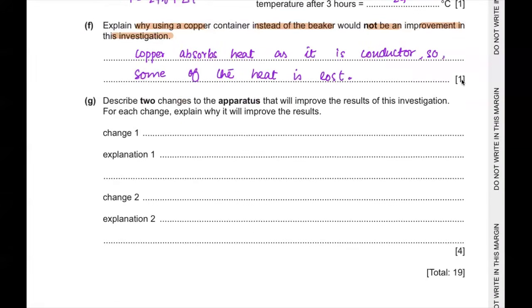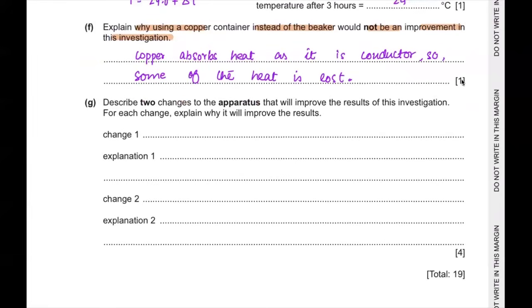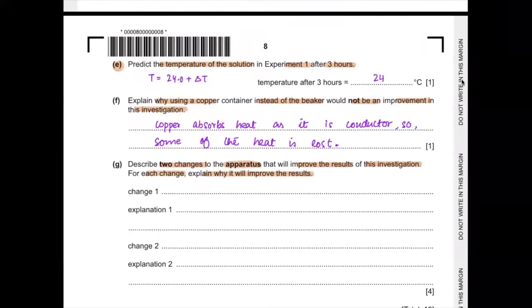Okay. Now, describe two changes to the apparatus that will improve the results of this investigation. For each change, explain why it will improve the results. Yes, who can identify the change in apparatus? What apparatus must be changed, and how will that new apparatus help us to get improved results?